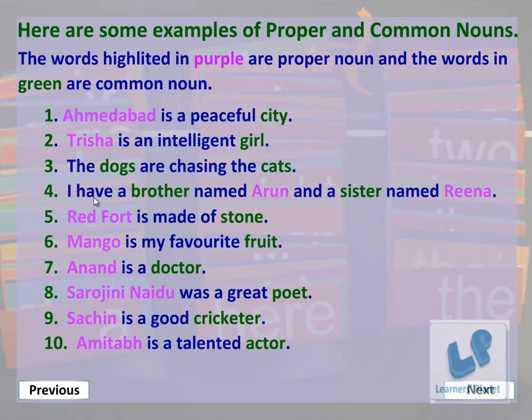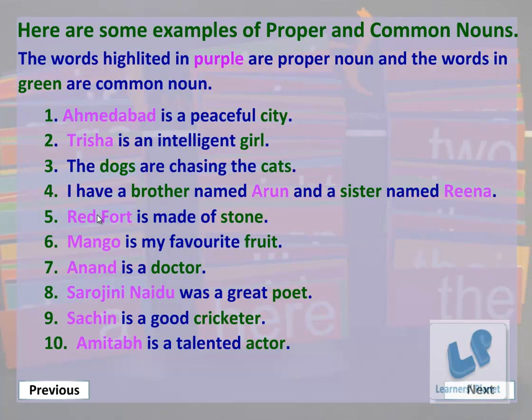Fourth, I have a brother named Arun and a sister named Reena. Now, Arun and Reena are names of persons, that's why they are proper nouns, whereas brother and sister are common nouns. Fifth, Red Fort is made of stone.